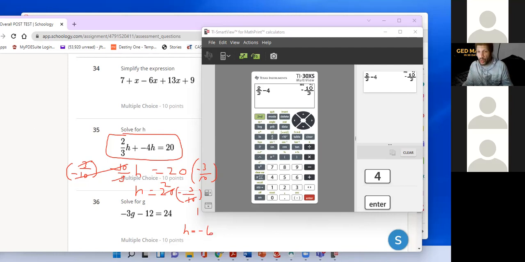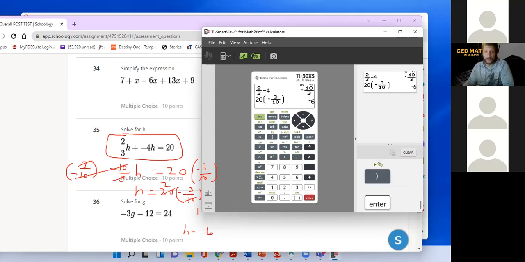But again, what am I trying to show you? I want you to use this calculator as much as you can. So type it in. 20 times -3/10. So hit your minus sign, hit your fraction button, 3/10. Get out of your fraction, close parentheses for multiplication, hit enter, -6.